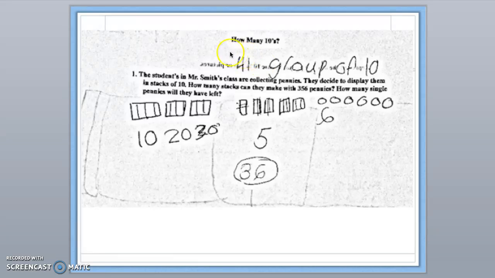First she had 41 groups of 10 because she just took the 30 and added 5 and 6, and then she realized that didn't make any sense. So then she came up with the number 36 because she had the 30 tens from 300 and the 5 tens from 50, and instead of doing the 6, she just made this another 10 to get 36 tens in total.